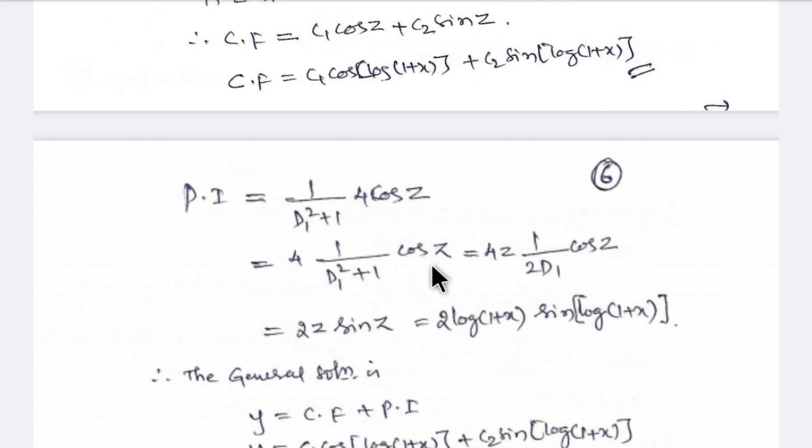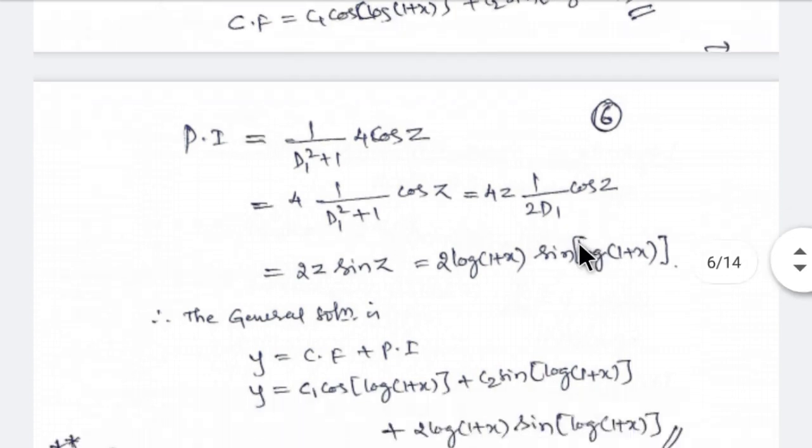Minus 1 plus 1 becomes 0, so the denominator becomes 0. So multiplying by z, you differentiate the denominator with respect to D1, which gives 2D1, operating on cos z.